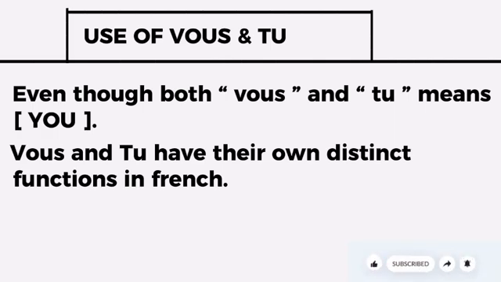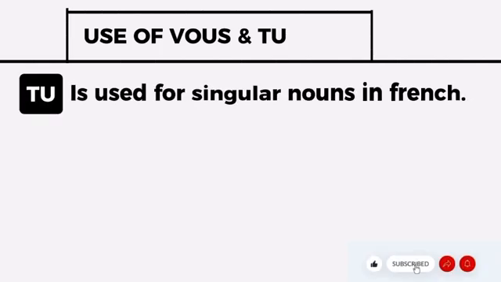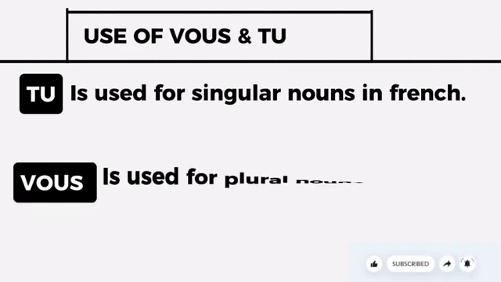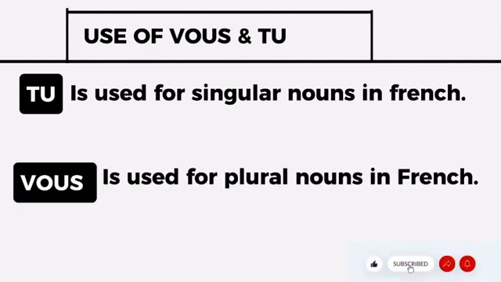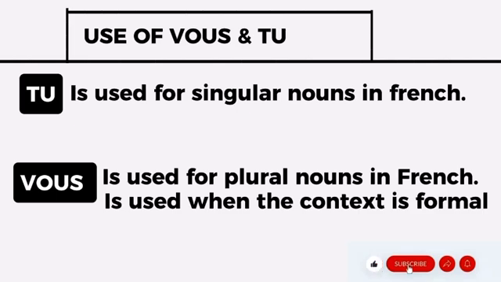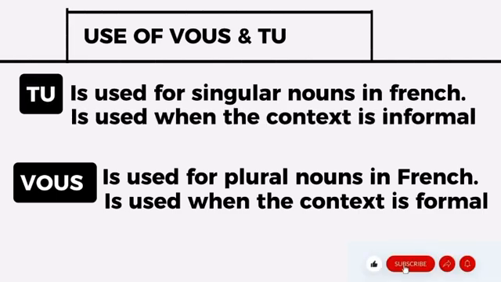That is, tu is used for singular nouns, whereas vous is used for plural nouns. But in some cases, we can see that vous is used for singular nouns. This is because vous is used when the context is formal and tu is used when the context is informal.